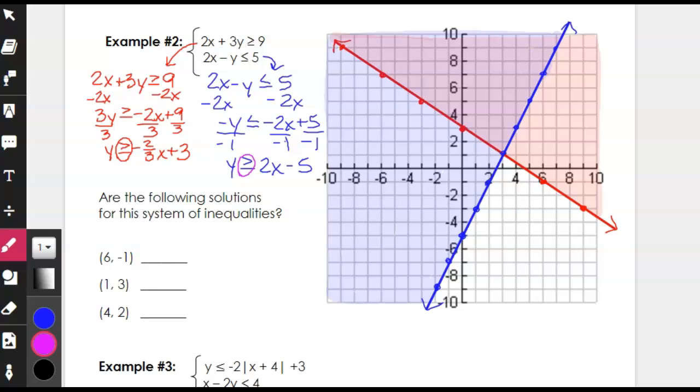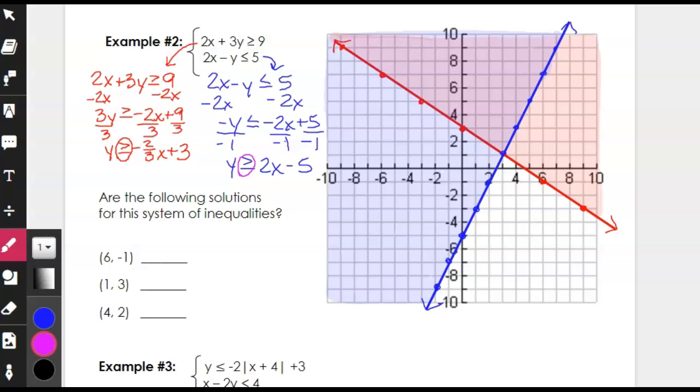It should have a y-intercept of -5. It should be a solid line because the inequality sign had the or equal to, and we should be shading above, which means that our inequality sign had the greater than. So my double shaded area is that top triangle that both the red and the blue overlapped with.